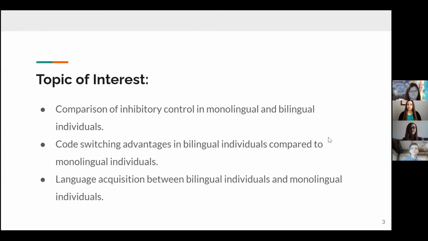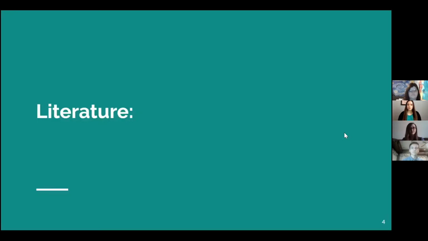The first one is comparing the inhibitory control of monolingual and bilingual individuals, as well as seeing if the bilingual individuals had a code switching advantage, as well as seeing if there's a difference in language acquisition when looking at bilingual and monolingual individuals. Now going into our literature, Lance will take it away.